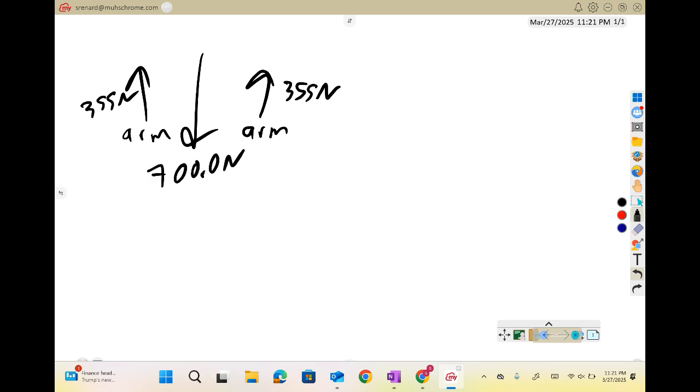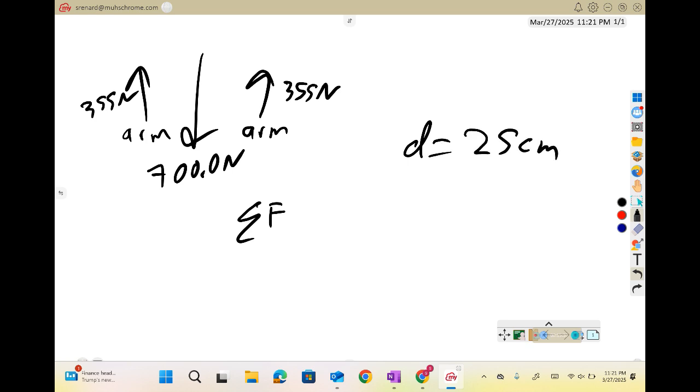It is 700.0 newtons. So first things first, we need to find the sum of the forces. You should be able to look at this and figure out that he is moving upwards with a limited amount of force. We also know that he raises himself 25 centimeters.